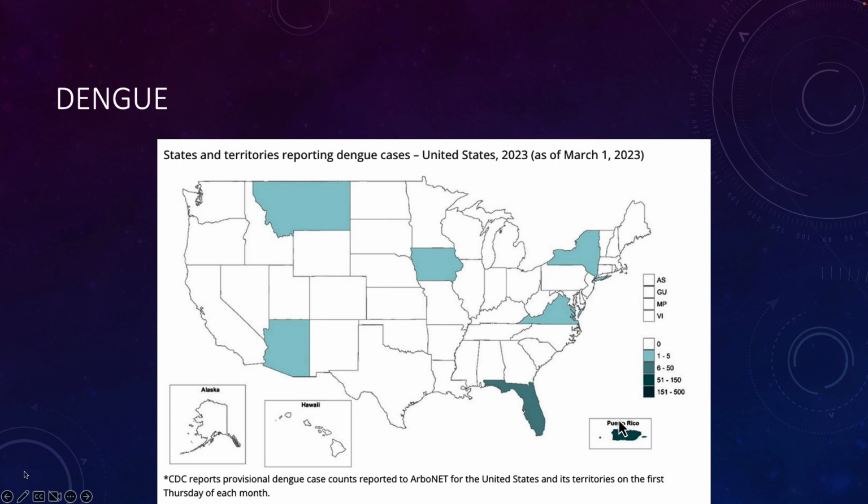So Puerto Rico has dengue. The majority of these cases are probably going to be travel associated. So the patient had been out of the country and then came back to the US and started to feel symptoms and sought medical treatment. But in Florida, sometimes there is local transmission.